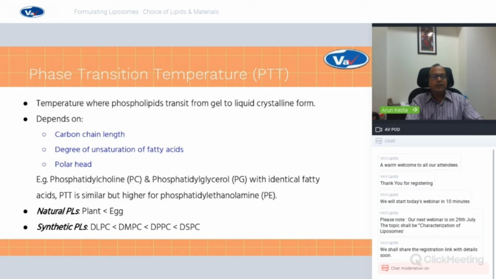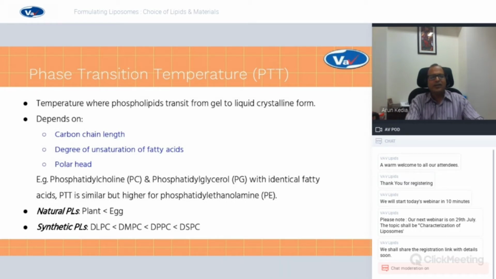And typically the phase transition temperature of plant sources is lower than egg sources. And within synthetics, if we look at homogeneous saturated phospholipids, of course, synthetics can have a wide range of phospholipids, but we picked 4 of the most common. So DLPC will be less than DMPC, less than DPPC.